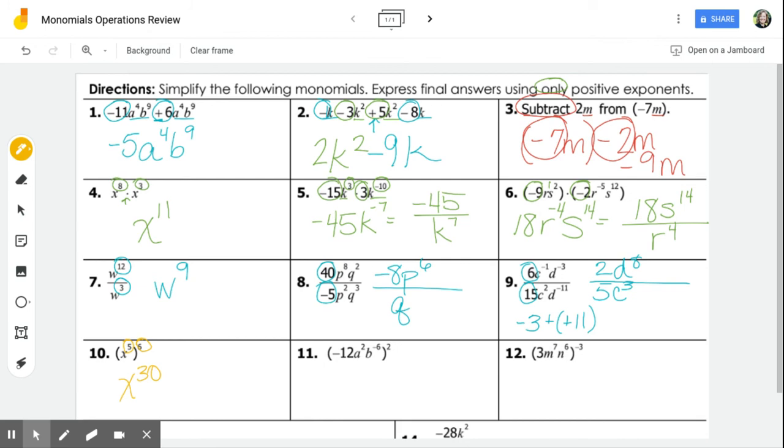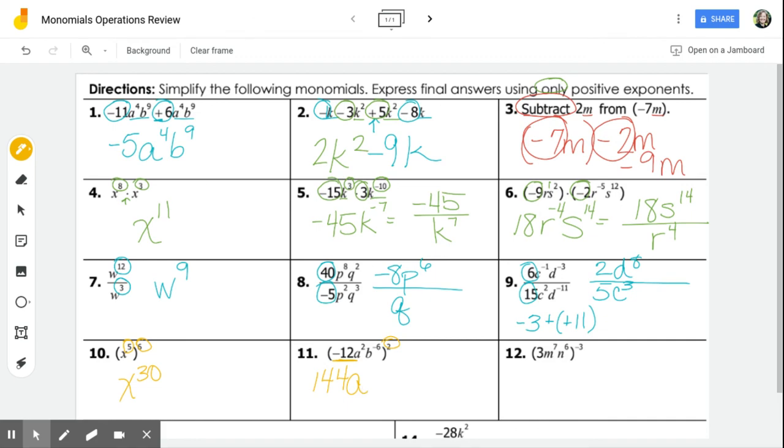Okay, so we have a coefficient, so we must raise the coefficient to the power on the outside first. So 12 squared is 144. Negative 12 times negative 12 is also positive 144.